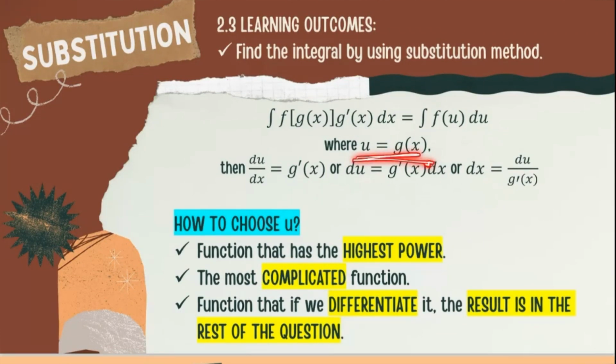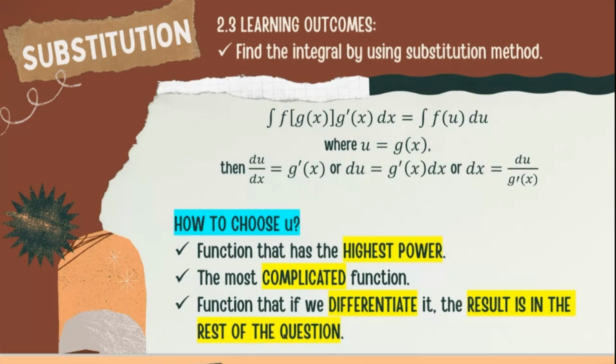Okay, ataupun yang ini adalah tips yang paling penting lah sebenarnya. Saya kalau nak pilih u, saya akan menggunakan this tips. Tips dia yang terakhir ni adalah kita akan pilih u yang mana bila kita differentiate u tersebut, hasil dia ada dalam the rest of the function.